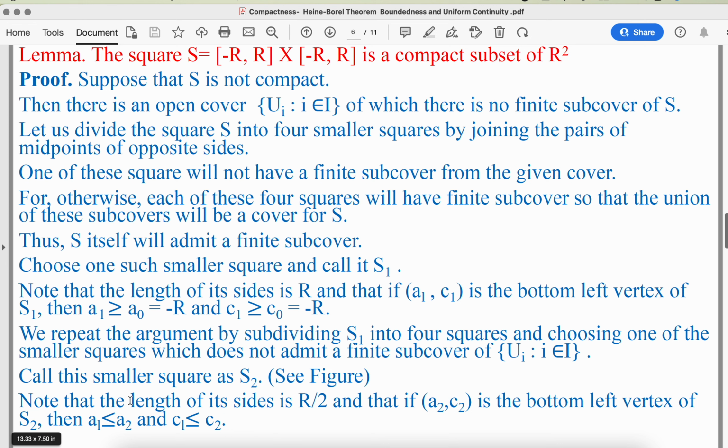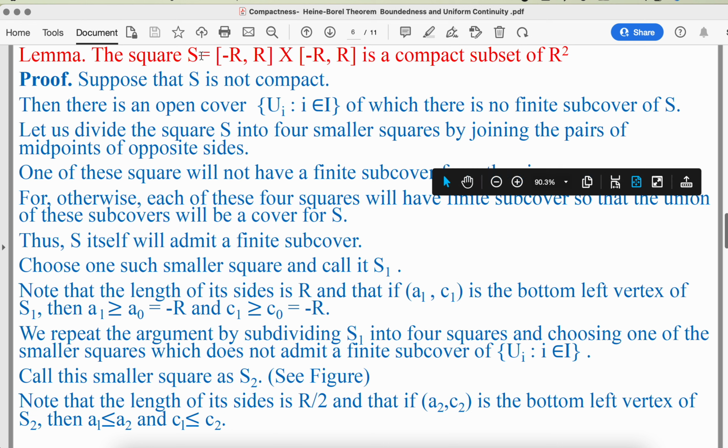Now the next lemma: the square S equal to closed interval minus R to R as length and minus R to R as breadth is a compact subset of R square. We follow similar steps in proving this lemma also. In this case we have a square, so we keep dividing the square into smaller squares to get the result.